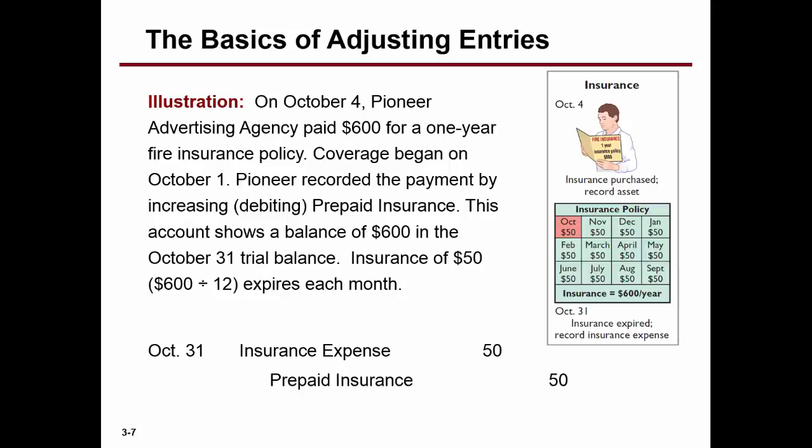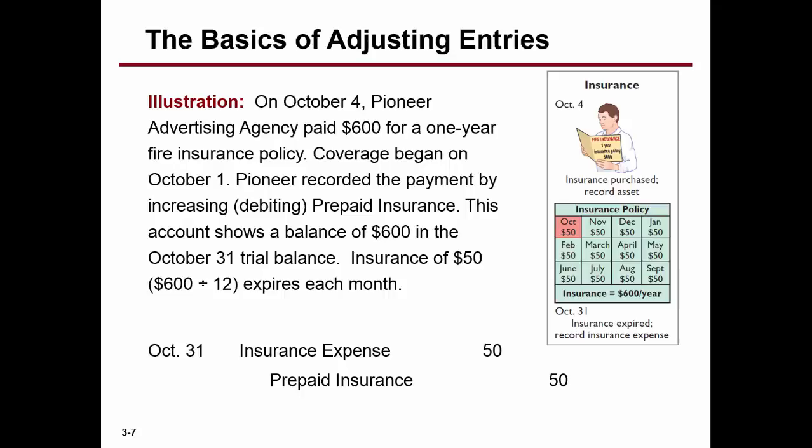So this one is expiring at $50 a month. Ours was expiring at what? It was $1,200 for 1 year. What was it? No, $1,200 for 2 years. So that was also $50 a month, wasn't it? So they're just doing it month by month as opposed to waiting to the end of the year.